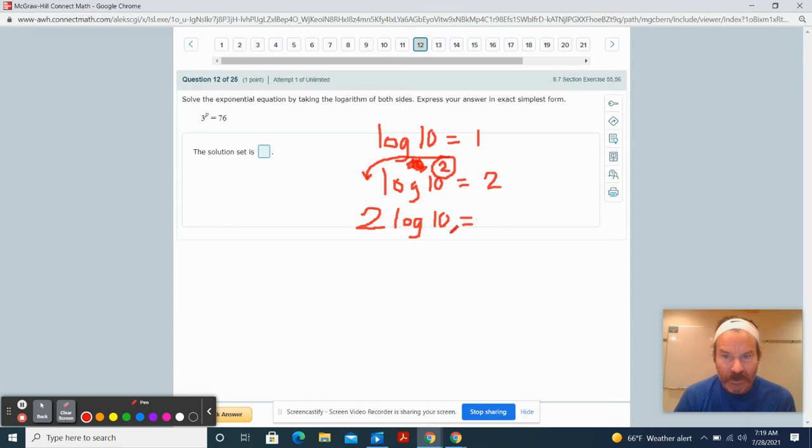It's still equal to 2 because what's the log of 10? The log of 10 is equal to 1. And 1 times 2 is equal to 2. Okay? This is called the power property.